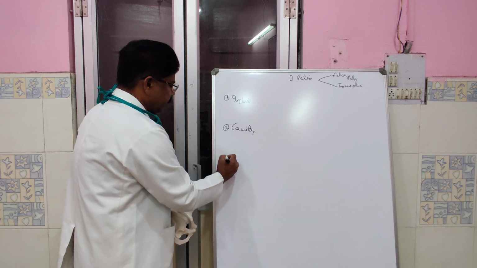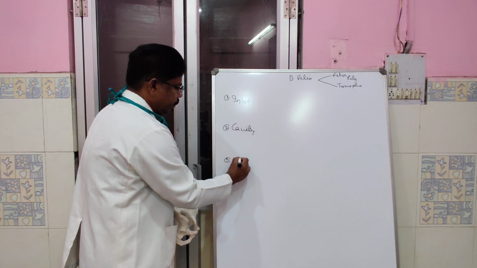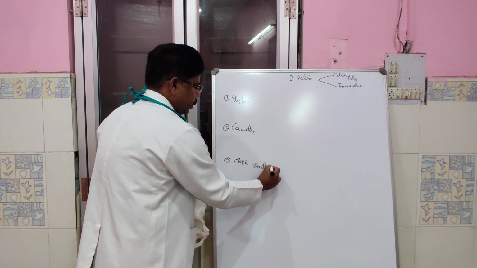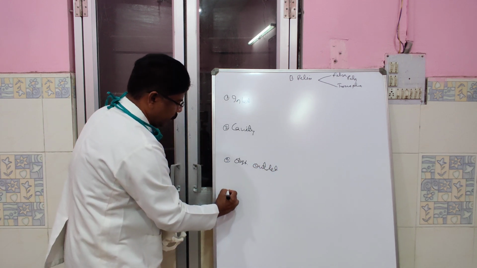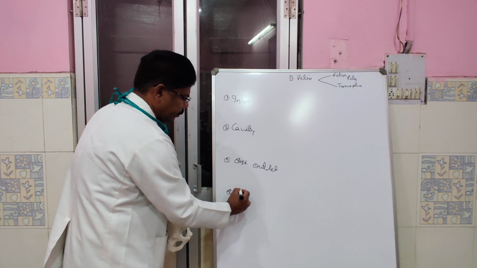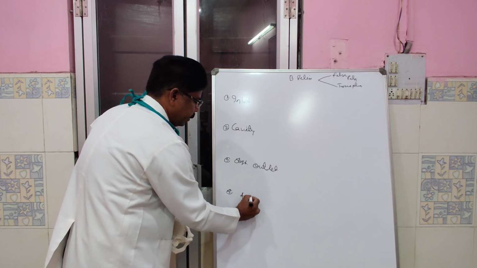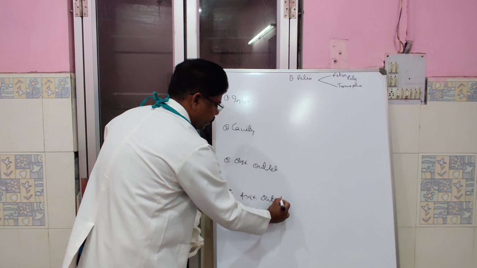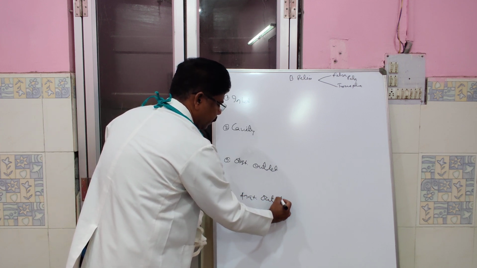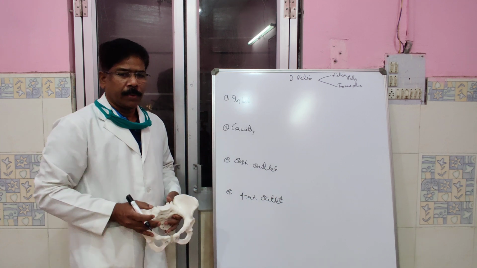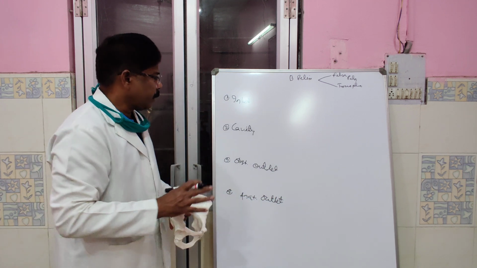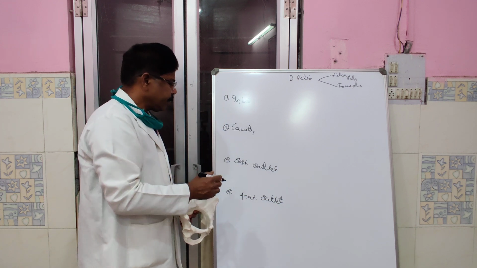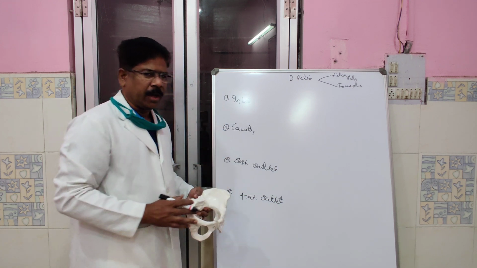The third one is the obstetrical outlet. And the fourth one is the anatomical outlet. So, in the true pelvis, there are four things: the inlet, the cavity, the obstetrical outlet, and the anatomical outlet.